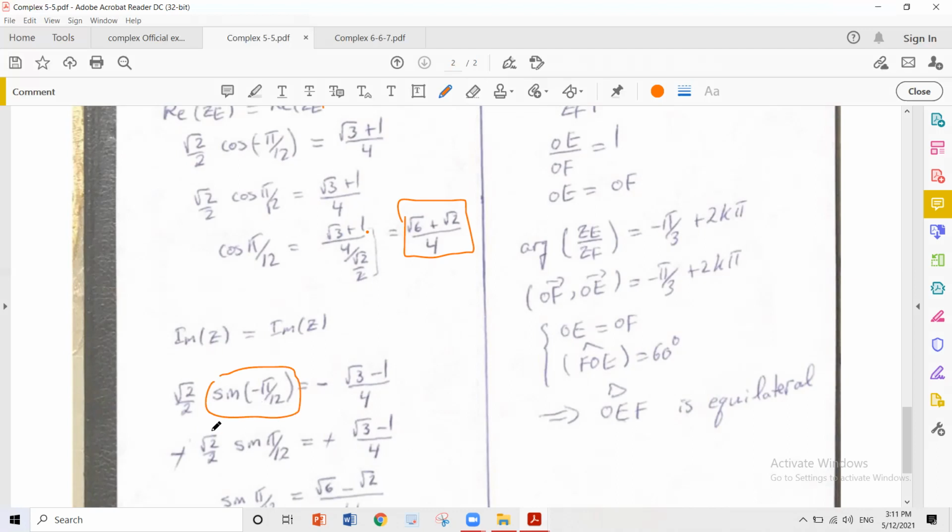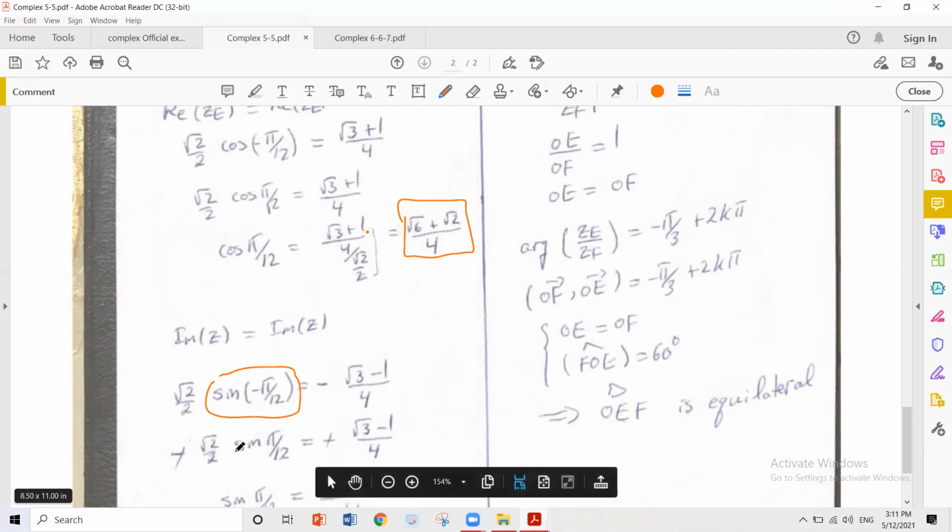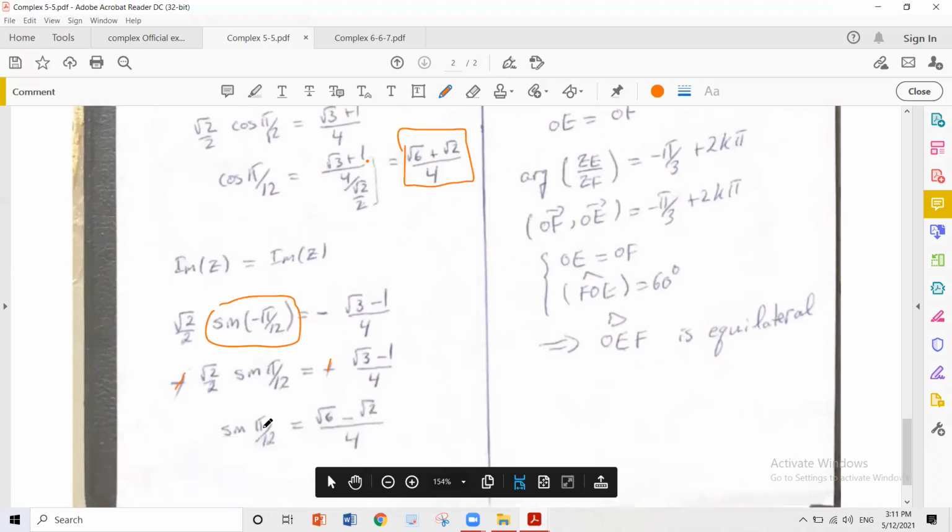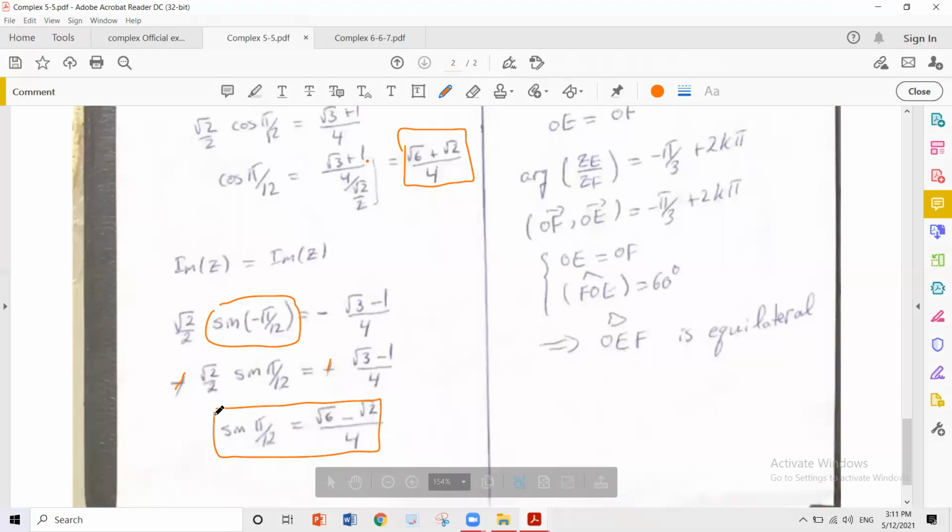Then this one becomes minus radical 2 over 2 sine pi over 12 equals minus radical 3 minus 1 over 4. I skipped the minuses. And finally, sine pi over 12 equal radical 6 minus radical 2 over 4.